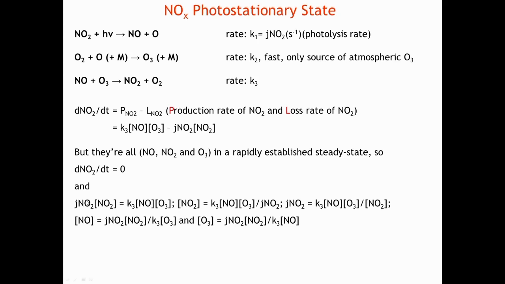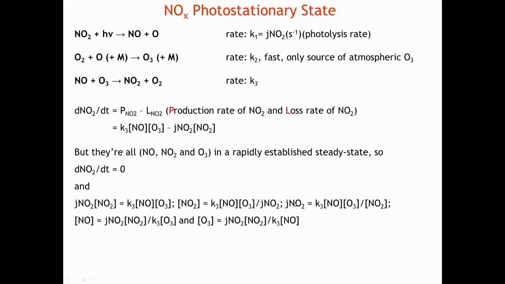So you can just divide by the JNO2 and calculate the NO2 concentration. It's just your K3 NO times ozone divided by JNO2.